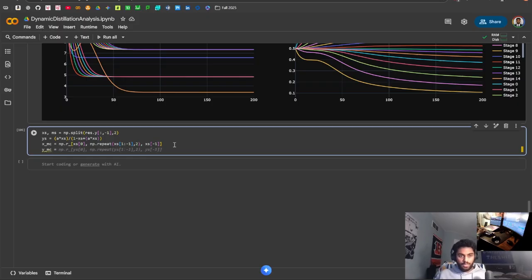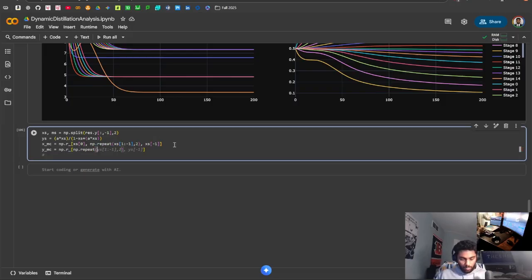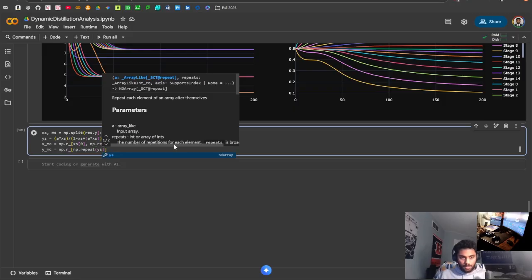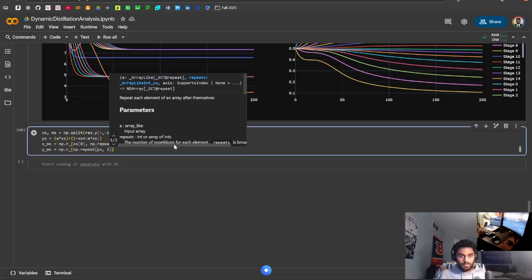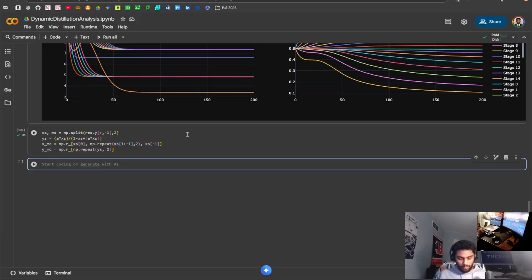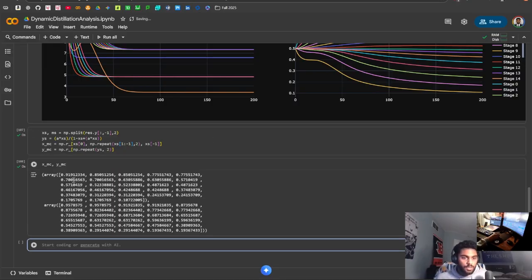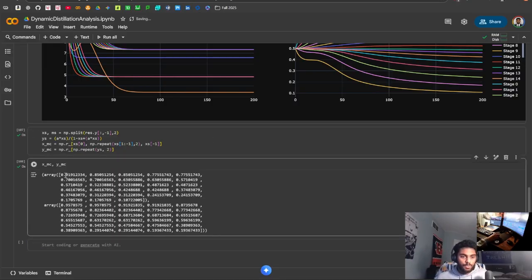That's just going to be equal to our y's. We're going to use np.repeat on our y's, and I'm going to repeat the entire thing twice. Now if we look at our x MC and our y MC, you see that for our x, we start up at our distillate end.